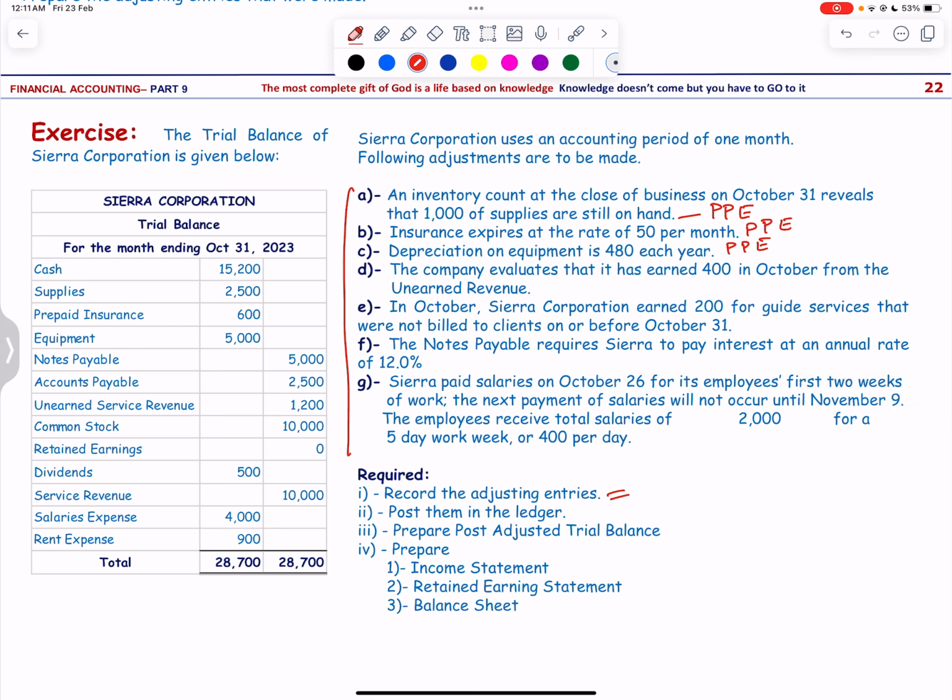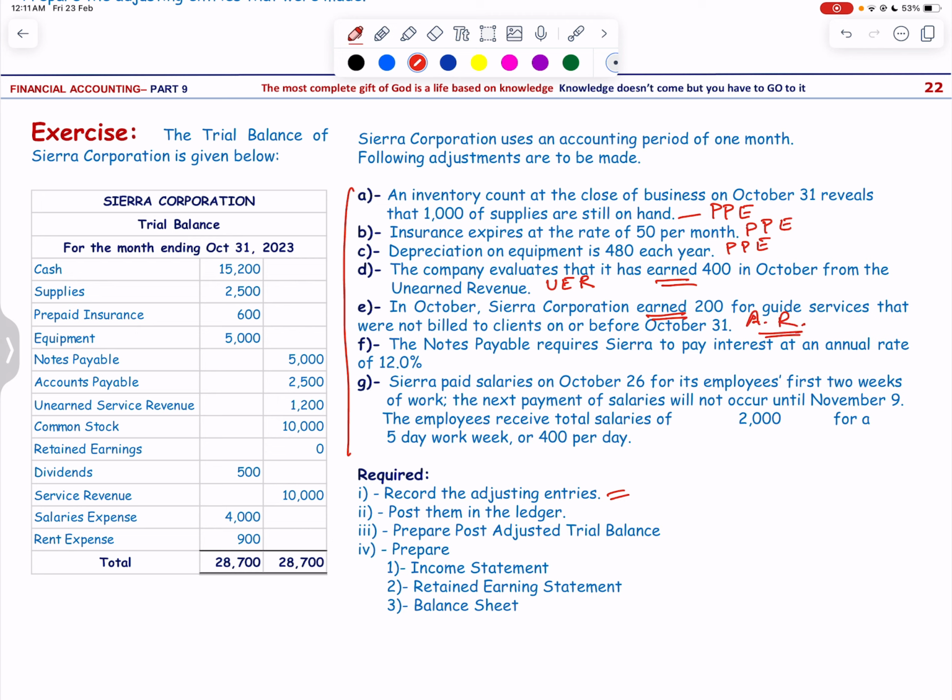Then the company evaluates that it has earned 400 from the unearned revenue. Again, you can see it is an example of unearned revenue. Then in October, they have earned 200 for the guided services. If they have earned, that means this is accrued revenue.